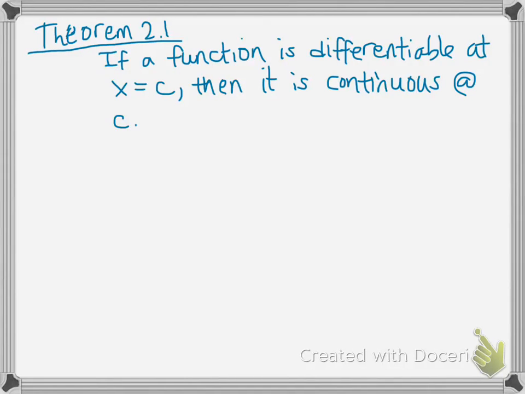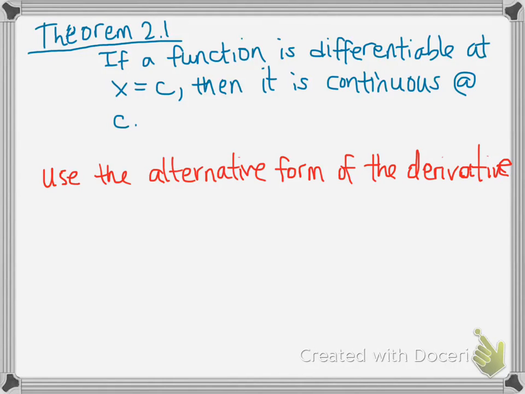We can also use the existence of a derivative to prove that a function is continuous. Theorem 2.1 states that if a function is differentiable at x equals c, then it is continuous at c.